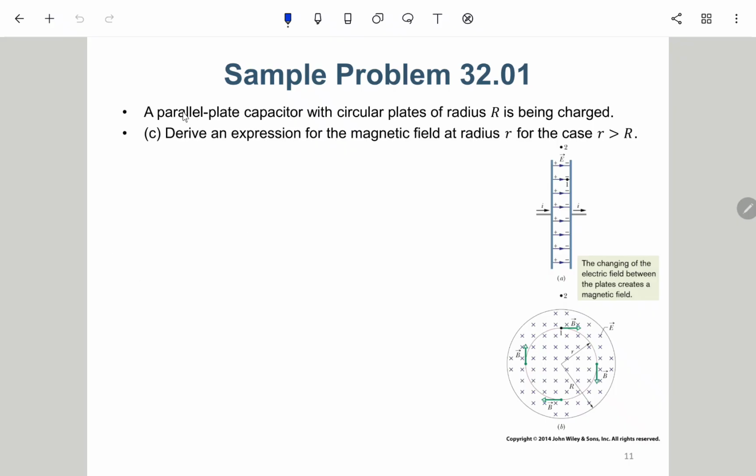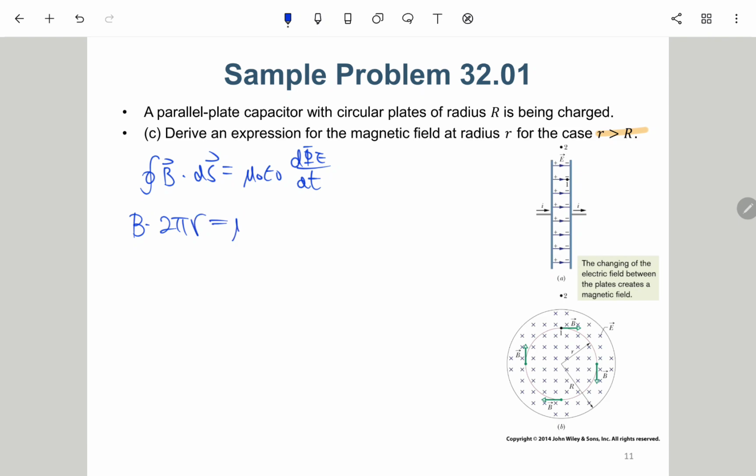So for question C, derive an expression for the B field at the radius. The only difference is that here small r is larger than capital R. Similarly, we have this whole thing the same, but there's something different. On the left side, it is still B times 2 pi r.